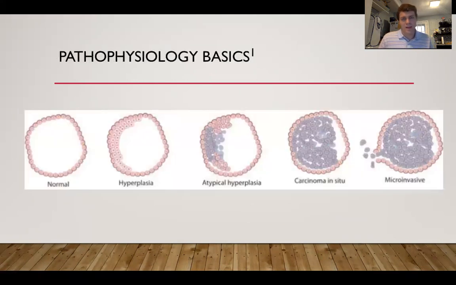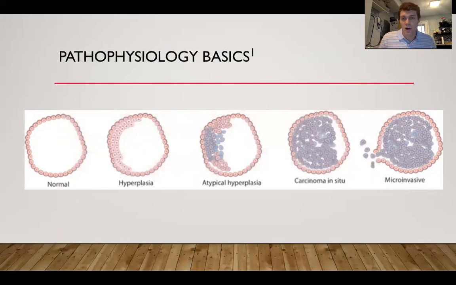So some basic pathophysiology of cancer. All the way to the left, you have your normal cell. Once that cell has undergone some kind of mutation in its DNA, it enters a hyperplasia stage where the number of cells rapidly increases. So that's the uncontrolled cell growth and division. After that begins, you get your atypical hyperplasia where the cell sizes and shapes are starting to become abnormal.